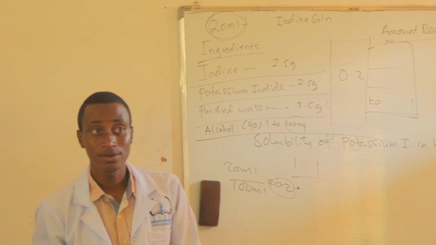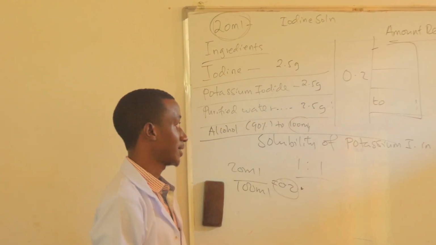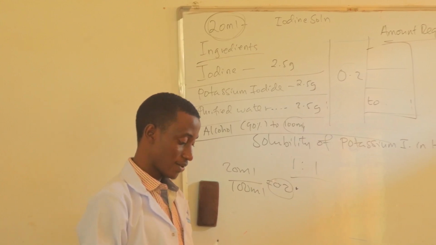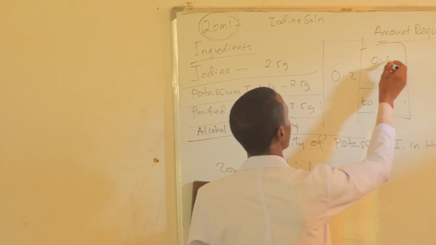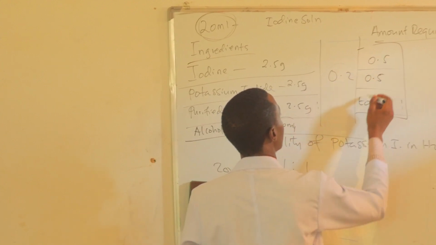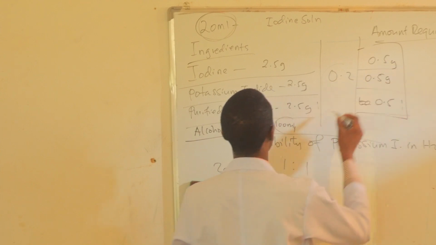Using your scientific calculator for accuracy, multiply each amount by your factor. So when you take 2.5 times 0.2, you get 0.5 gram.